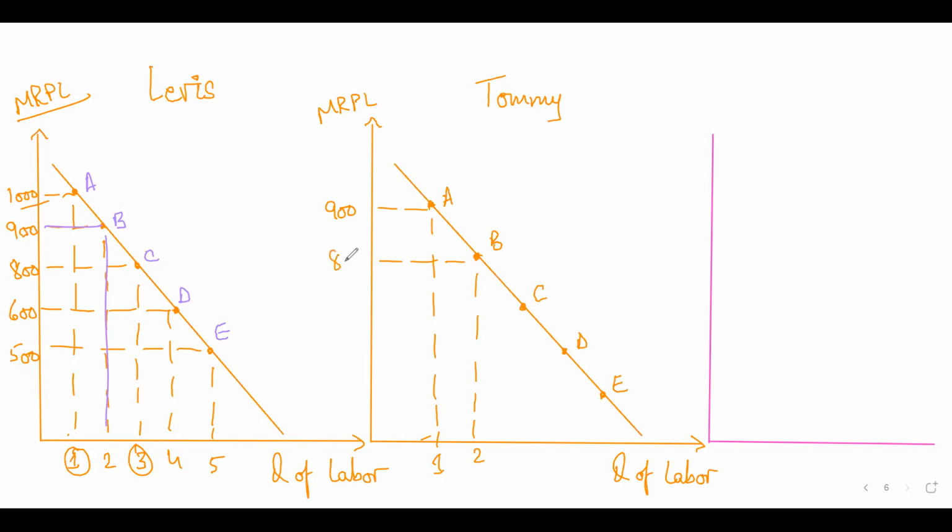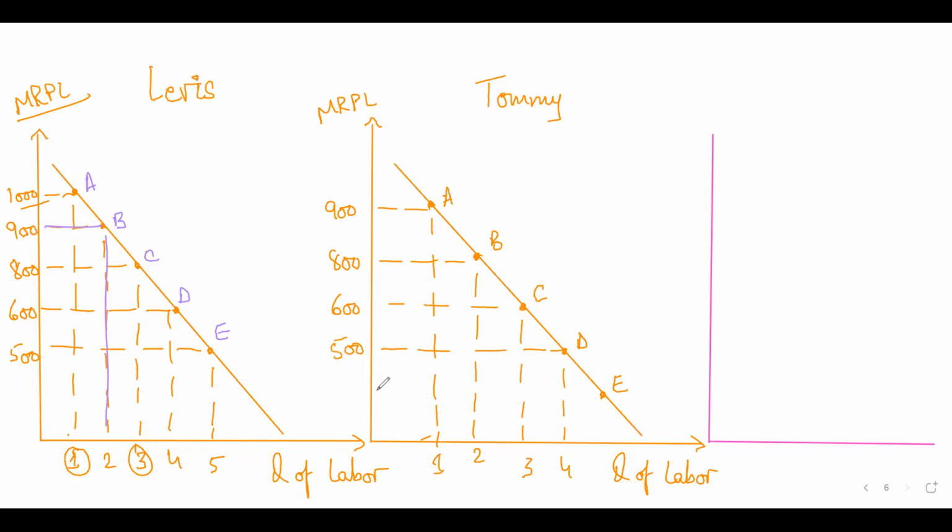Let's assume 800. The third guy generates a revenue of, I'm just making the example easier for us to understand, right? The third guy is generating a revenue of, let's say, 600, and the fourth guy is generating a revenue of 500, and the fifth guy is generating a revenue of 400.